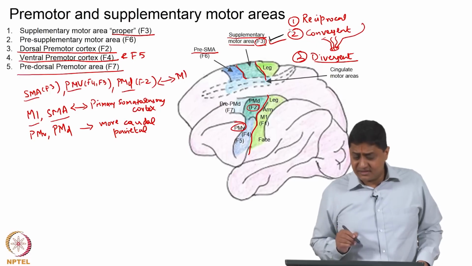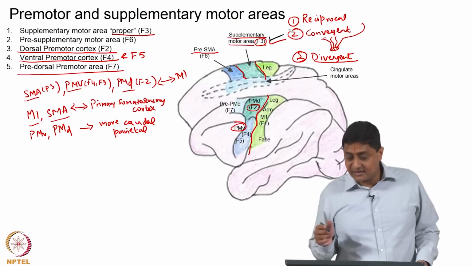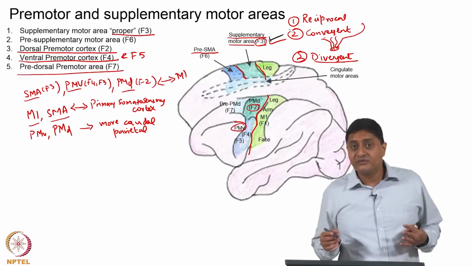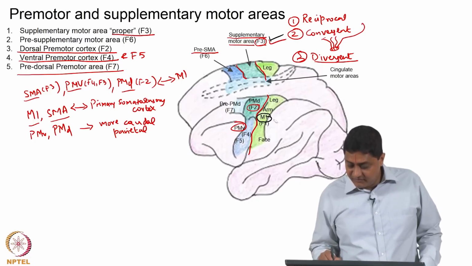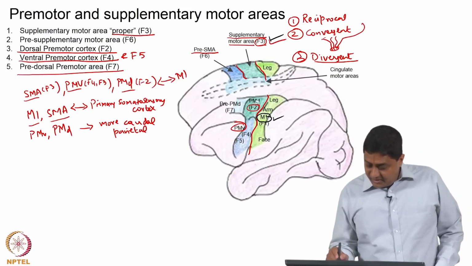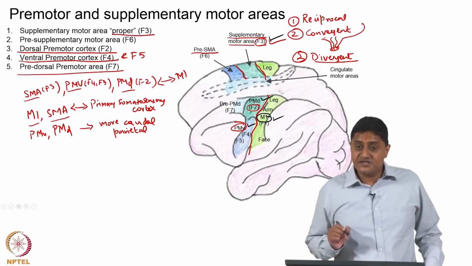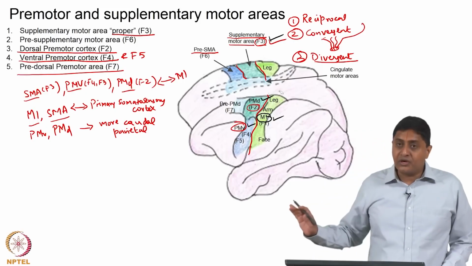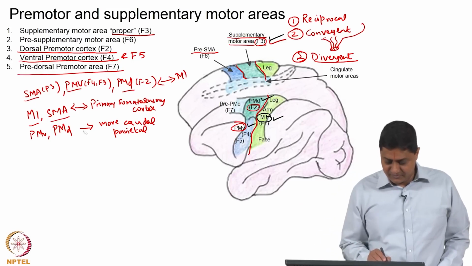We have discussed the projections received by the supplementary motor area from the primary somatosensory area. M1 is also receiving from the primary somatosensory area. PMV and PMD receive inputs from the more caudal parietal regions, right.